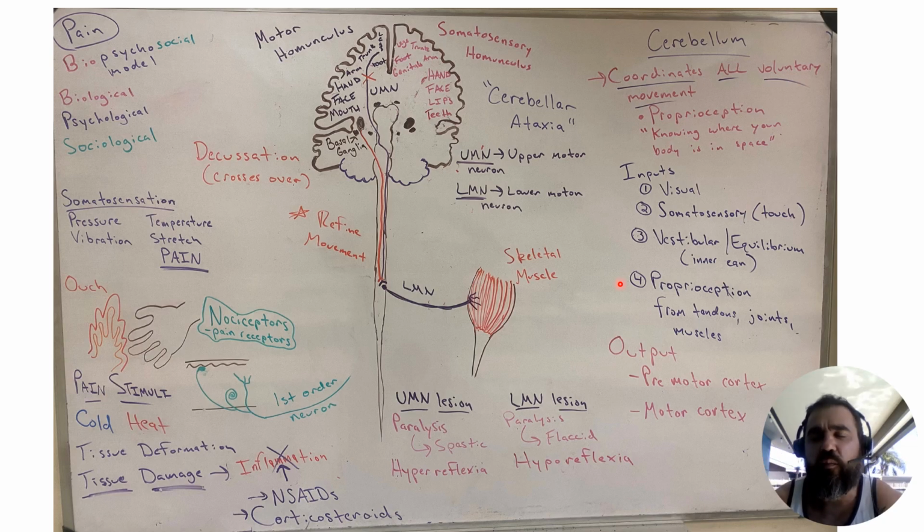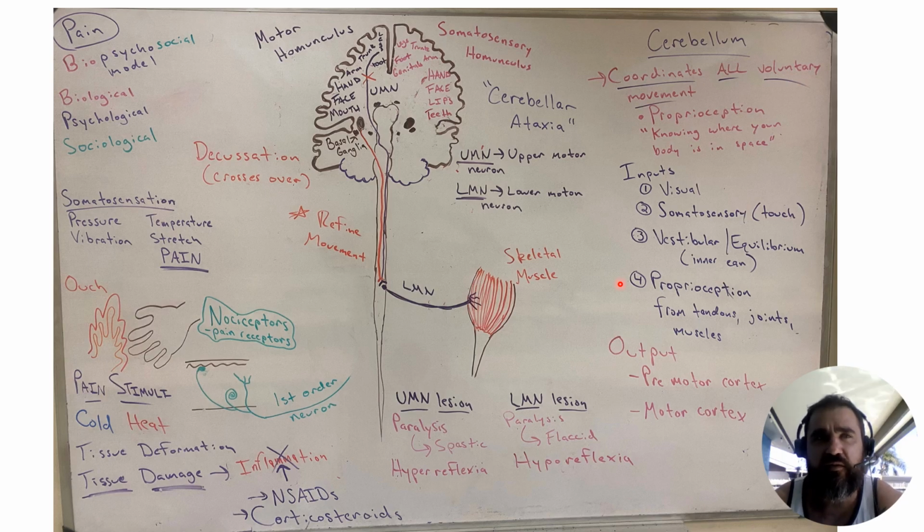The last one, proprioceptors. Those are little sensory receptors in the tendons, telling you the tension and the length of the tendons around the joints. The joint capsules have sensory receptors saying how much stretch is in the joints. If I know how flexed my elbow is with my eyes closed, there's receptors in the joint capsule telling me how much movement there is in my ligaments. And also the muscles.